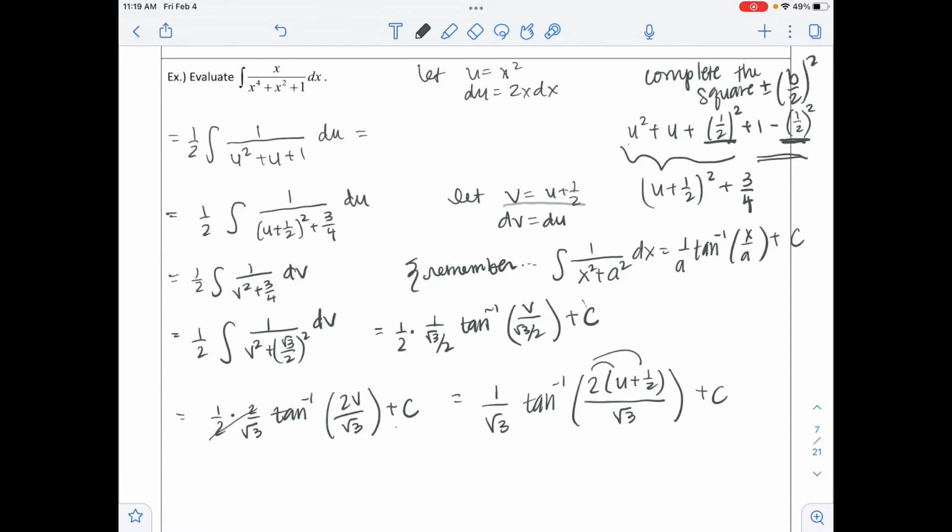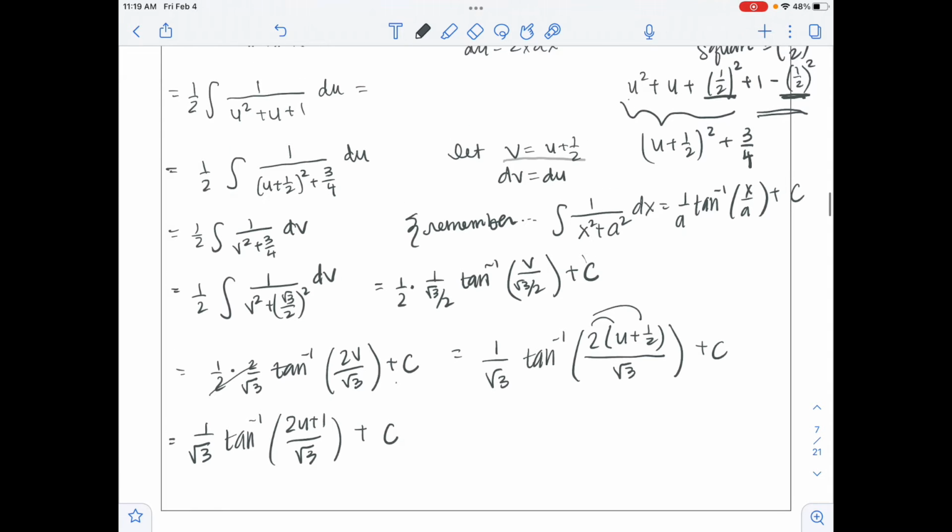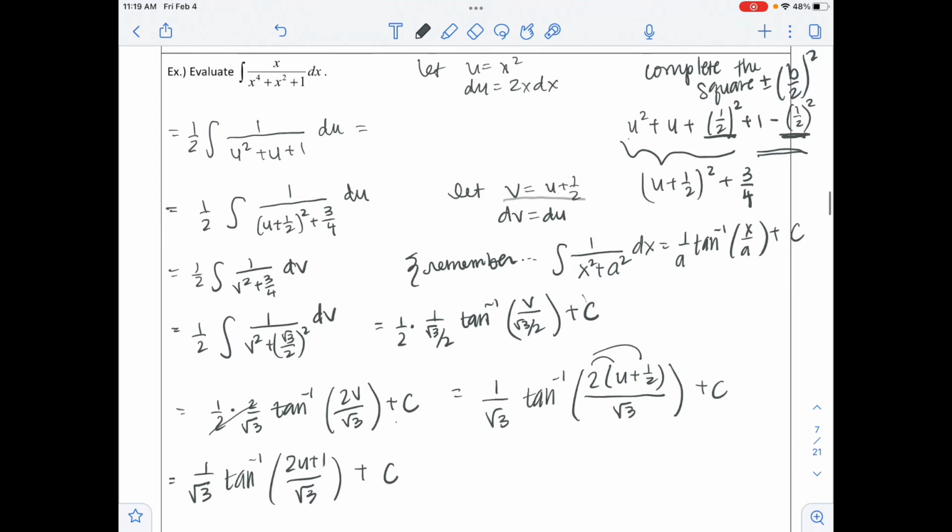I'm going to distribute my 2 through, that way it kind of simplifies this a little bit. And so I have 1 over the square root of 3 tangent inverse of 2u plus 1, all over rad 3 plus c.